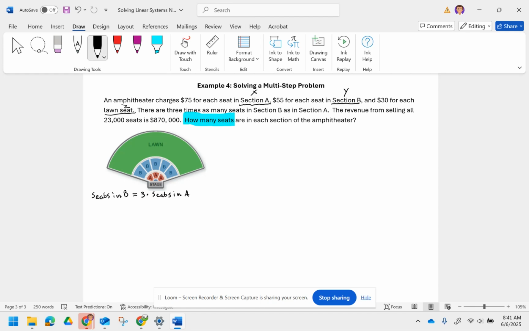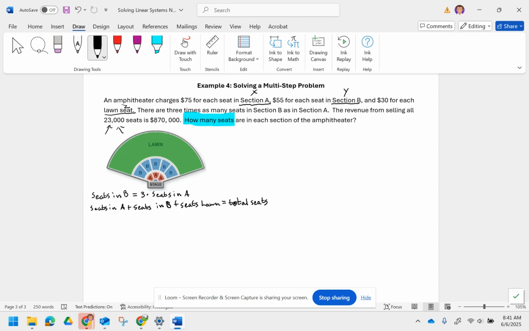Another thing they let us know is how many total seats there are. If we take the seats in A plus the seats in B plus the seats on the lawn, that should equal the total seats. Okay, great.